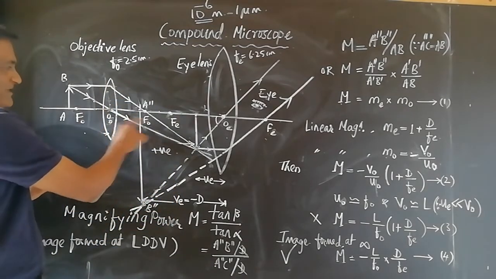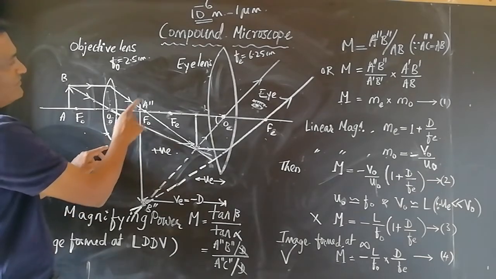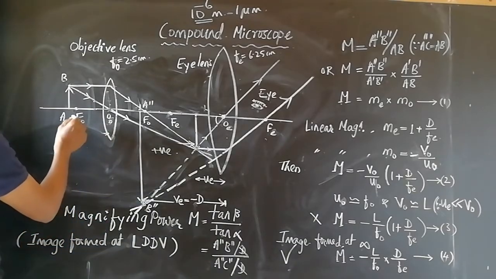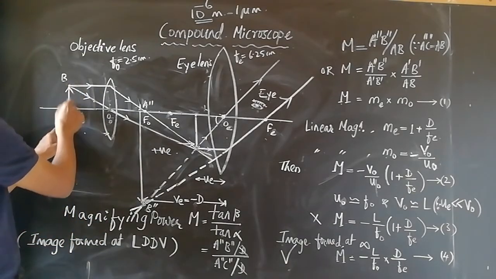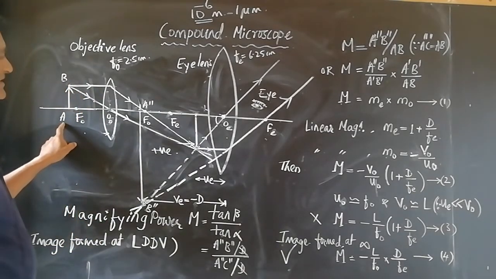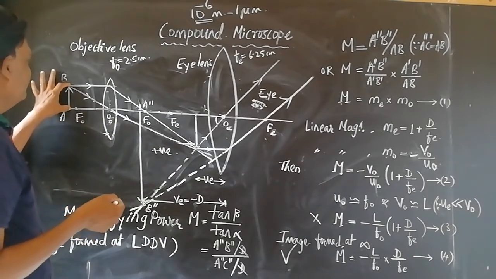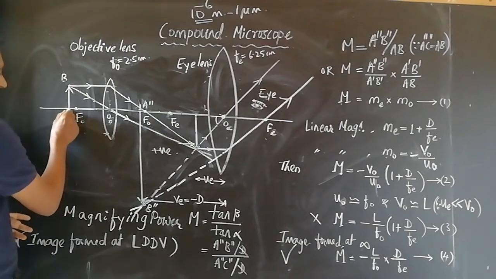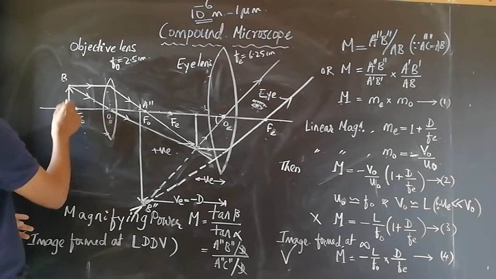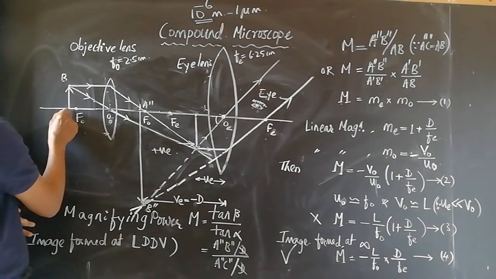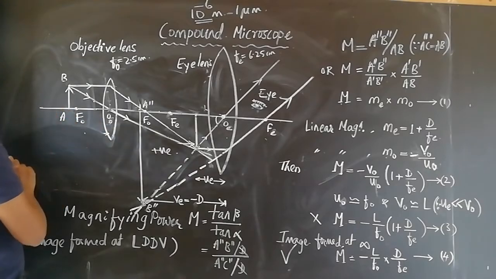For the image formation in the case of a compound microscope, this is the ray diagram. Here AB is the object, say a plant cell or animal cell, which you place on the slide. The slide or object is to be placed just beyond the principal focus of the objective lens.